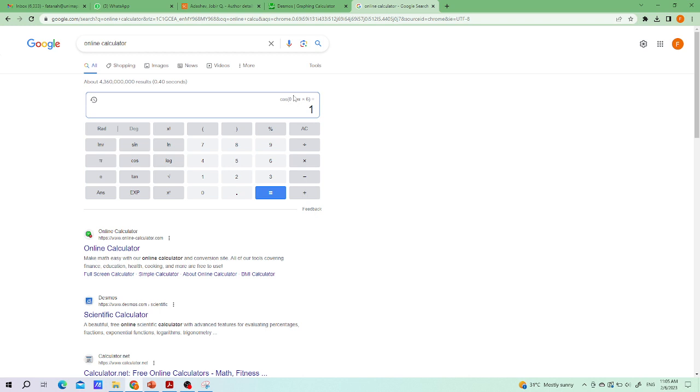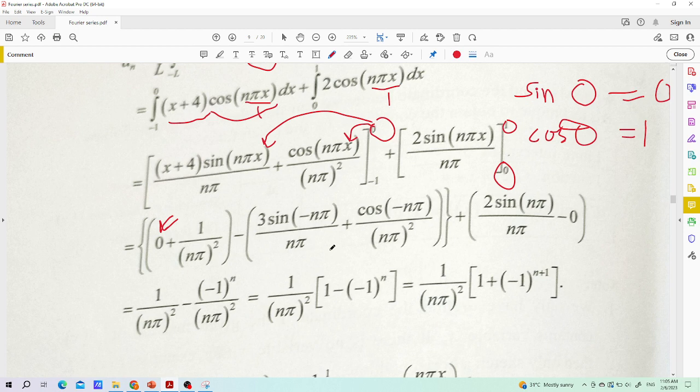That's why it is actually enough to put the value of x inside the cos. So that's why here in this function they only give you what is left, 1 over n pi squared, and then you put negative 1. You put negative 1, we give a different value.